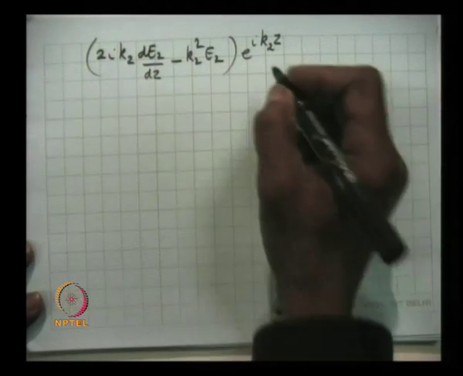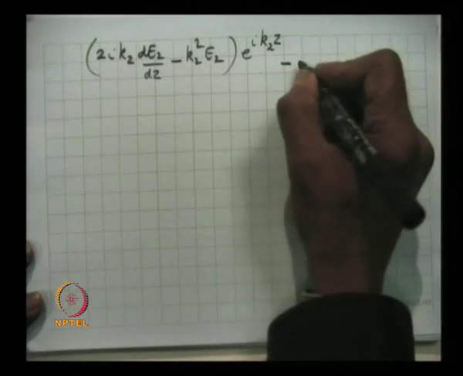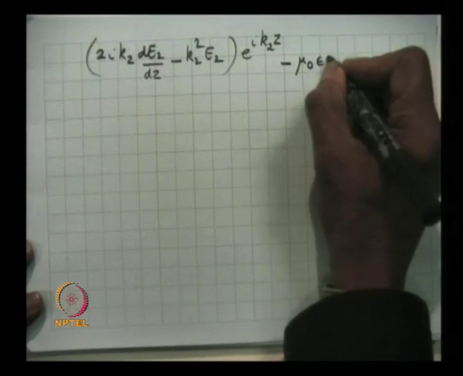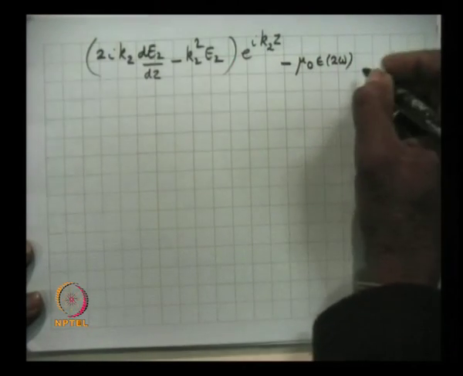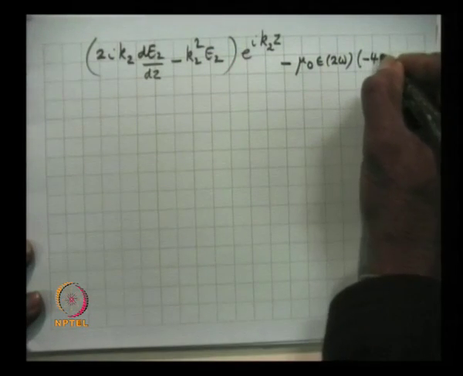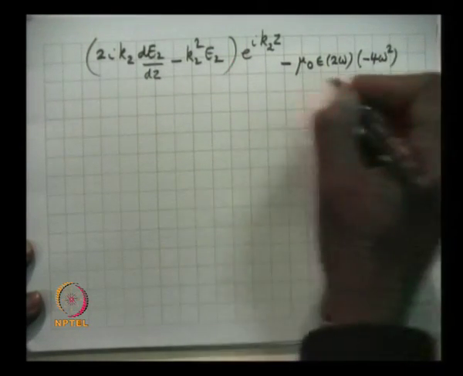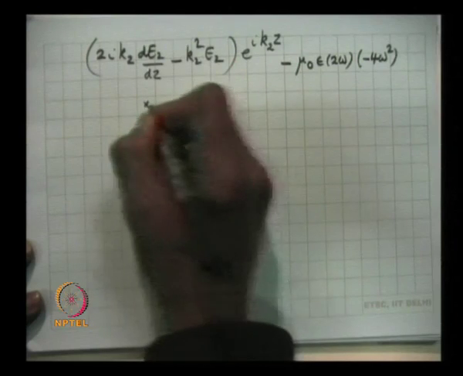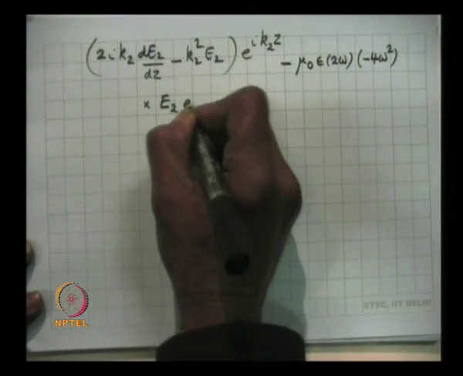So, this minus mu naught epsilon of 2 omega into second differential with respect to time, I will get minus 4 omega square into E 2 e to the power i k 2 z.